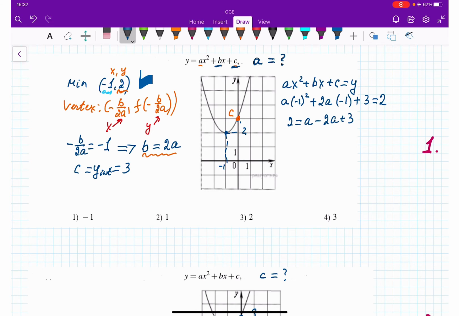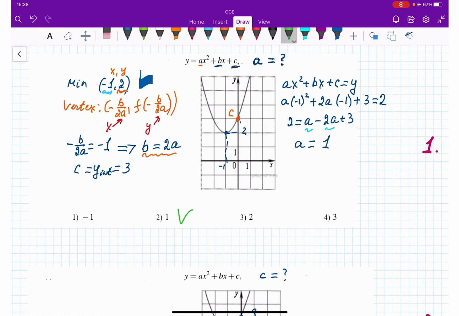From here, a is equal, because we have like terms here, right? A is equal to how much? 1. A is equal to 1 from here. So the answer is going to be this one, 1.